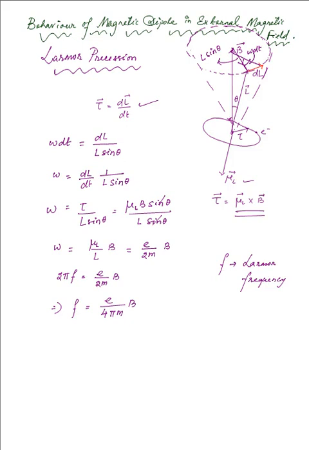And it is independent of the orientation angle theta between the orbit normal and the field, that is, between B and L. This frequency is independent of that angle. No matter what, the frequency is going to be the same.